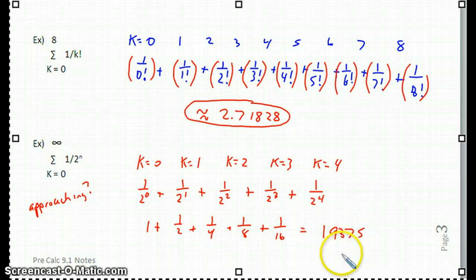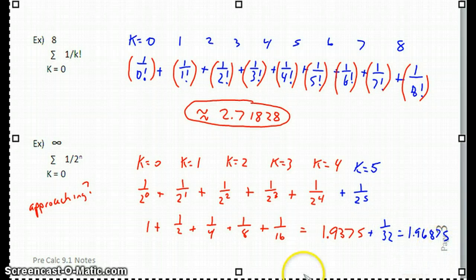So the next thing I'm going to do, if I add one more in here, k equals 4, or 5 I mean, would be add 1 over 2 to the 5th. Well, that's 1 over 32. So if I add 1 over 32 to this, I get 1.96875. The next one, if I add 6, would be 1 over 2 to the 6th power.